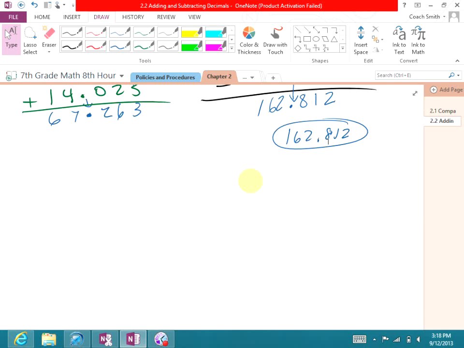All right, try this one on your own. 4.29 minus 3.456. Now, obviously, what's 4 minus 3? 1. So your answer needs to be close to 1. Okay? Now, it may be a little less than 1, maybe a little more than 1.